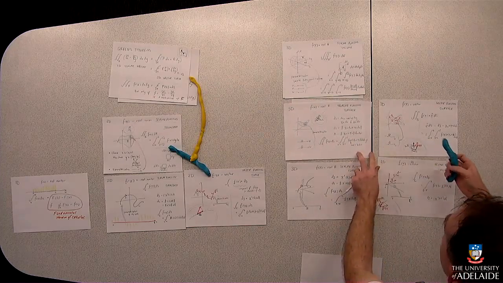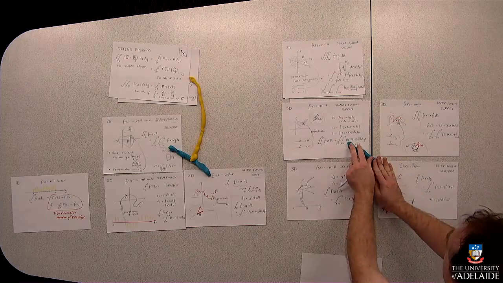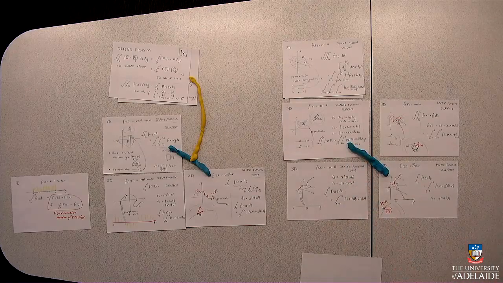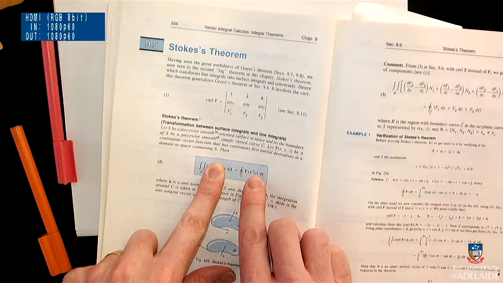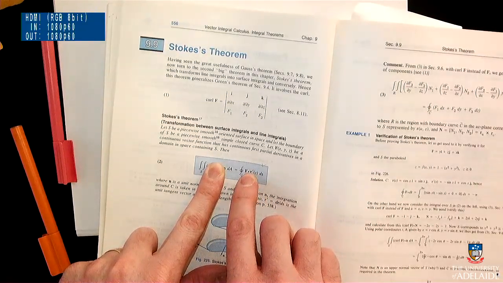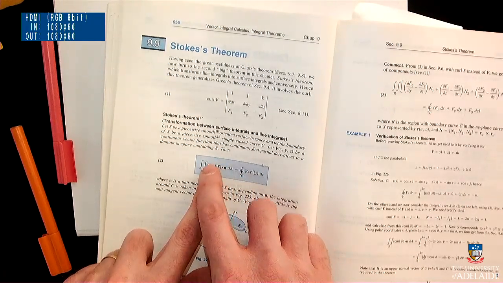No, that's here. No, that's right. I could be wrong. Just going to check. Stokes' theorem says that we have a vector function, because it's in bold, across a curve, and a scalar function.